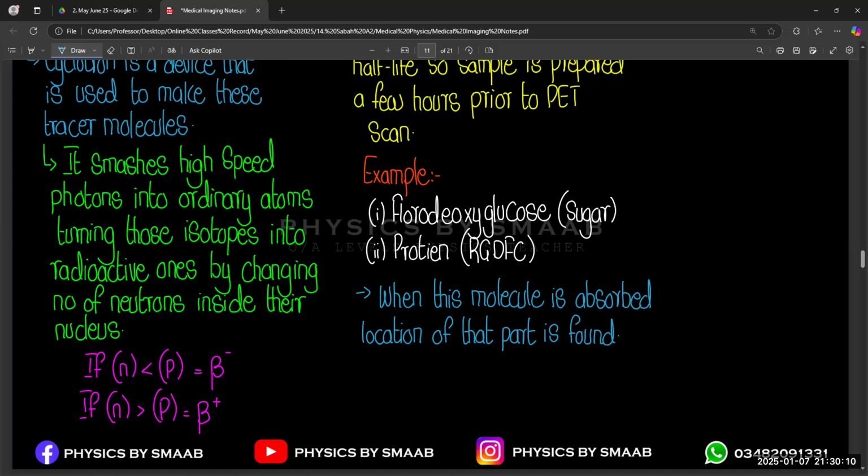So after making that sample, when it passes into the body, and this is absorbed by any specific tissue that we want to diagnose or treat, the location of that exact part can be identified, and then the tracer is purified.